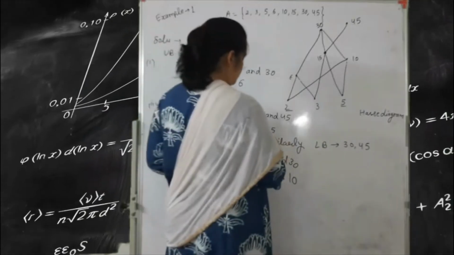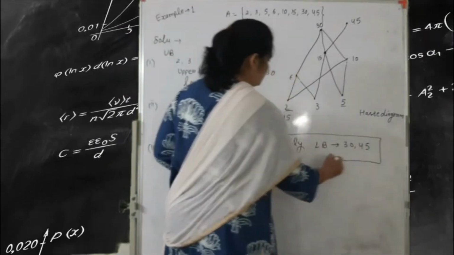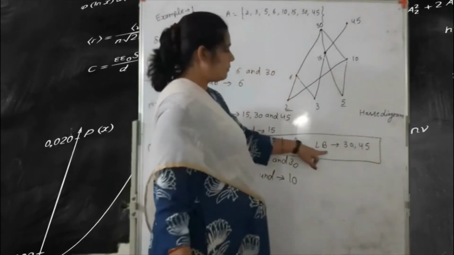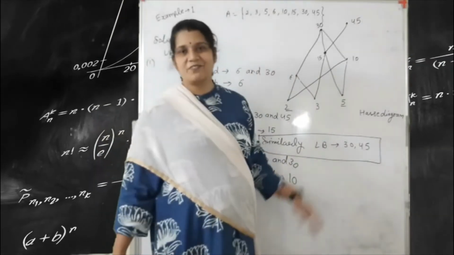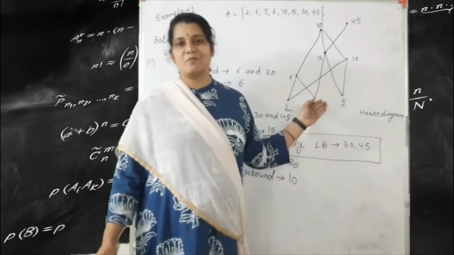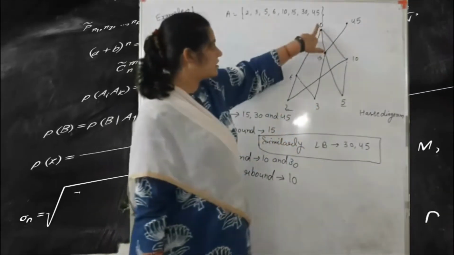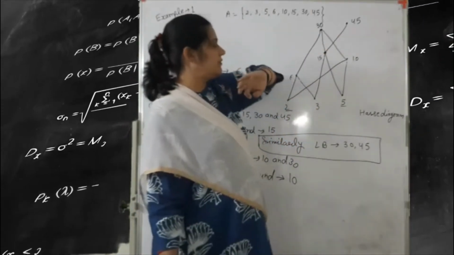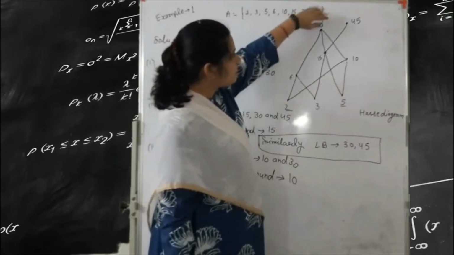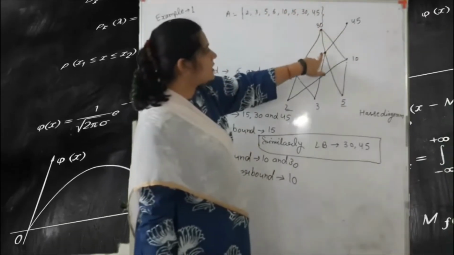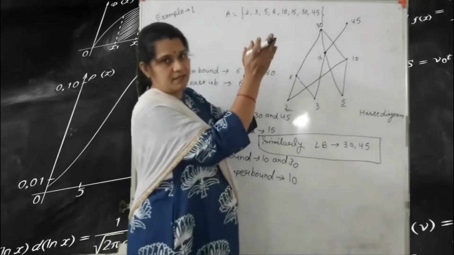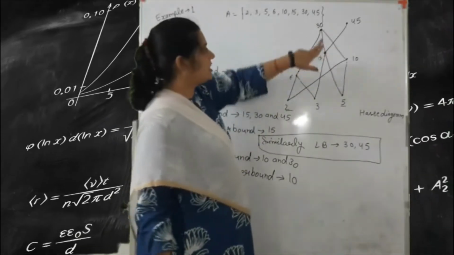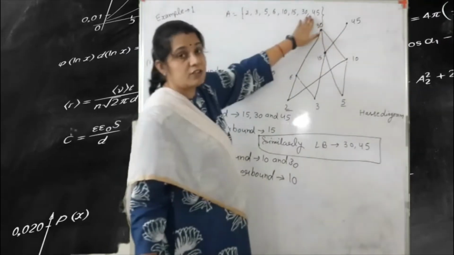Similarly, we find the lower bound. Okay, we find the lower bound of 30 and 45. So just the opposite, we look here at the bottom vertex. So here is 30 and this is 45. Okay, so the lower bound of 30 and 45, no doubt, here is 15. That means this side is the union sign or join sign.